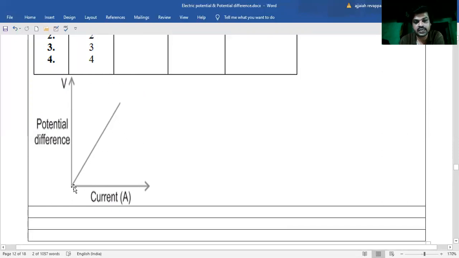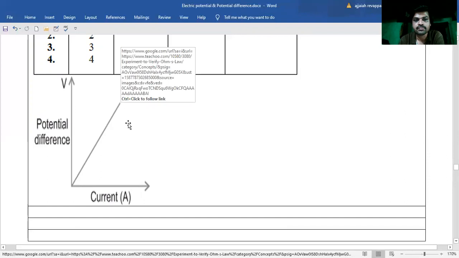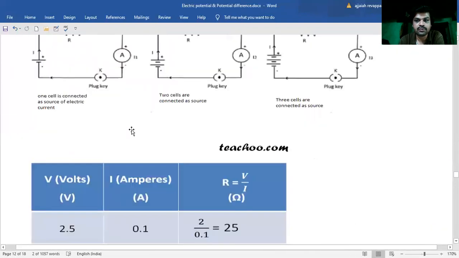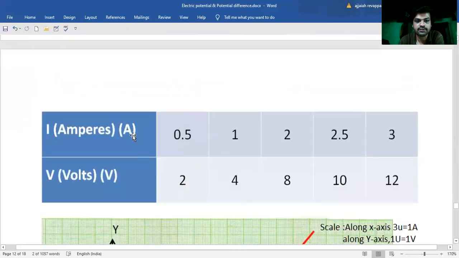So when current also increases by equal amounts, the graph that you are going to get is a straight line. I'll take one example here. The graph, yeah.